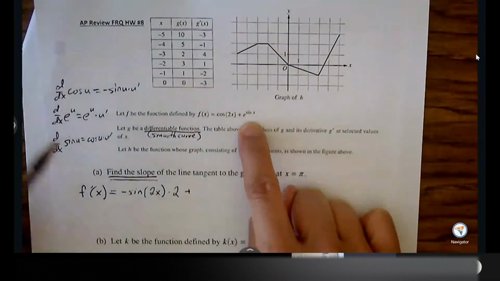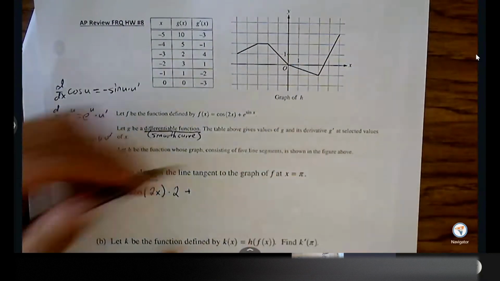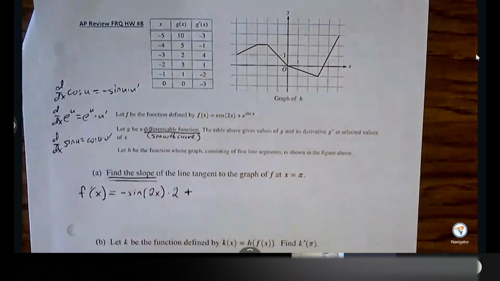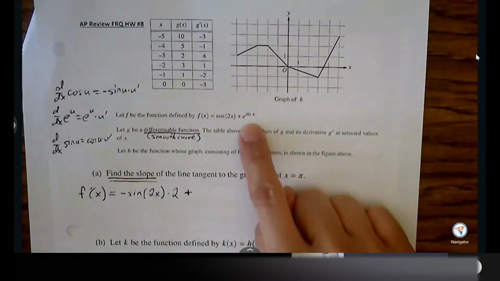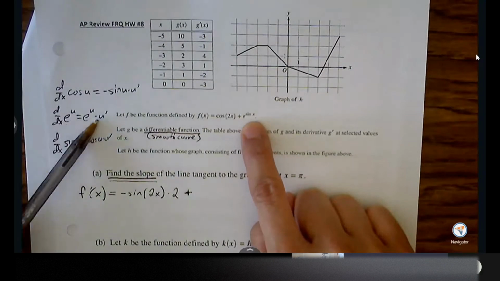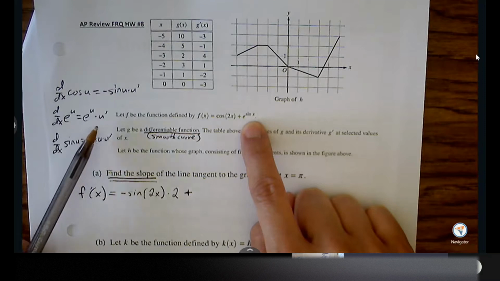Moving on to e to the sine of x. What do you think is the derivative of e to the sine of x? Would it be e to the sine x times cosine of x?